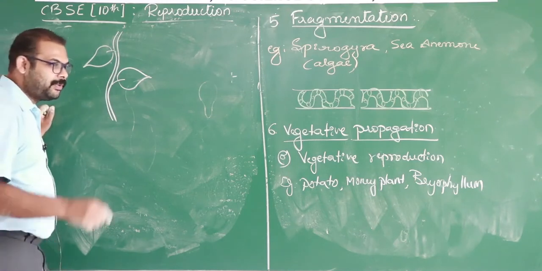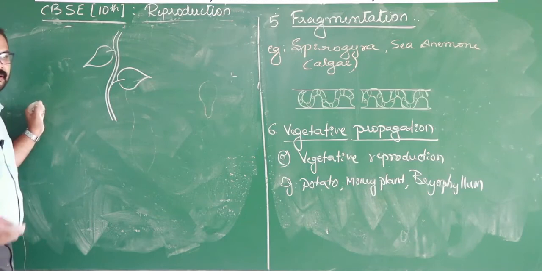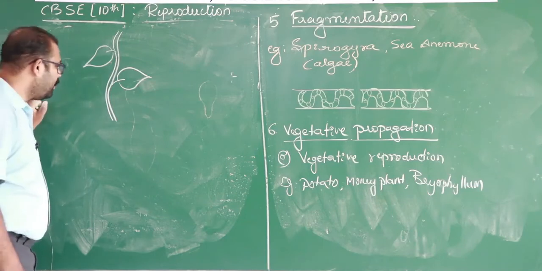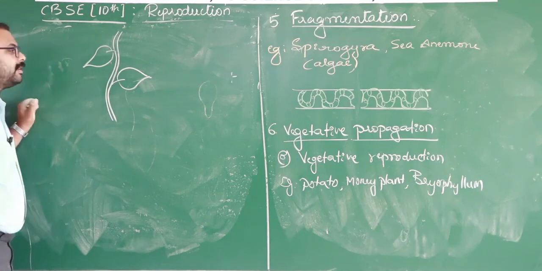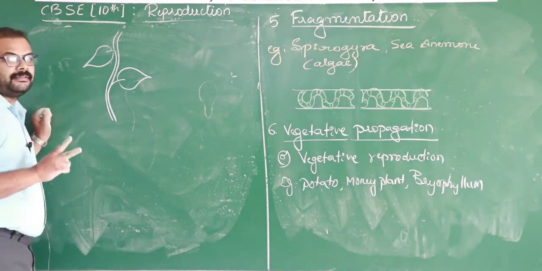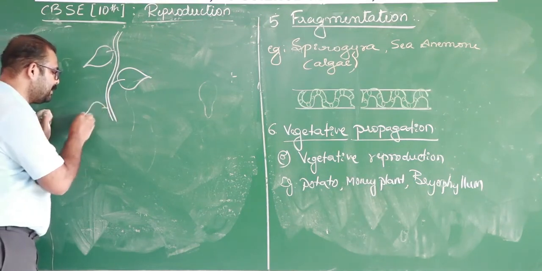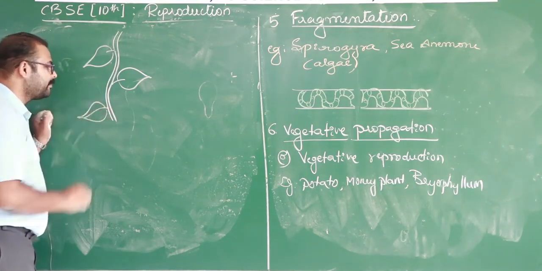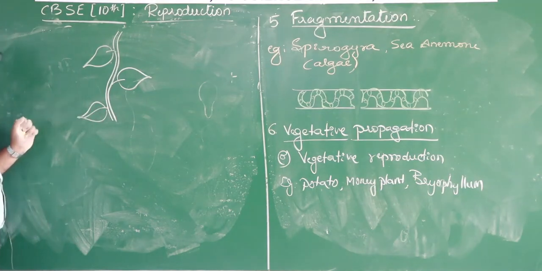If you put it in the bottle, then we have to keep on changing the water frequently, once in a week. Now here we have to observe two things. While cutting the money plant, we have to cut it in such a way that it contains at least one leaf. Why?